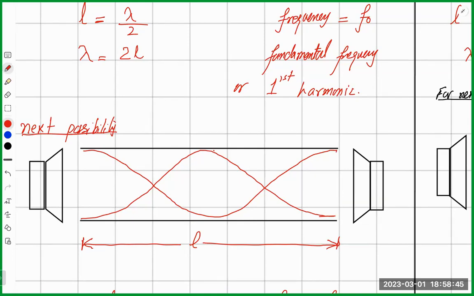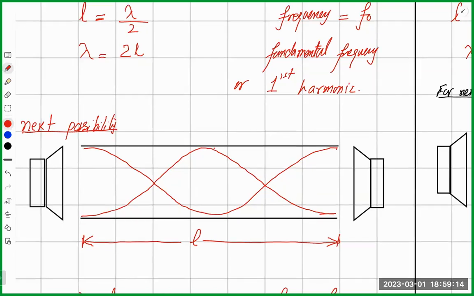So L should be equal to 1 complete lambda. So L is lambda, or lambda equals L. And because we have increased the length 2 times, the new frequency will be double the fundamental frequency, 2 f naught.